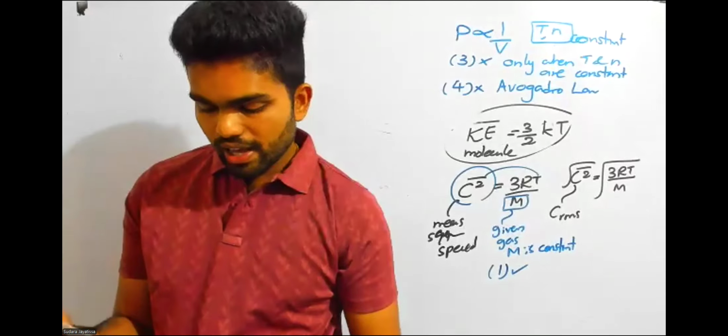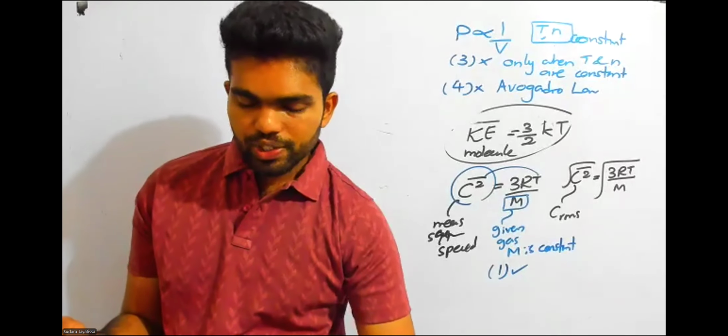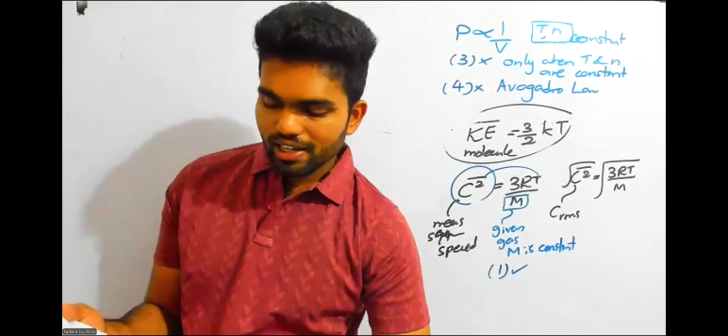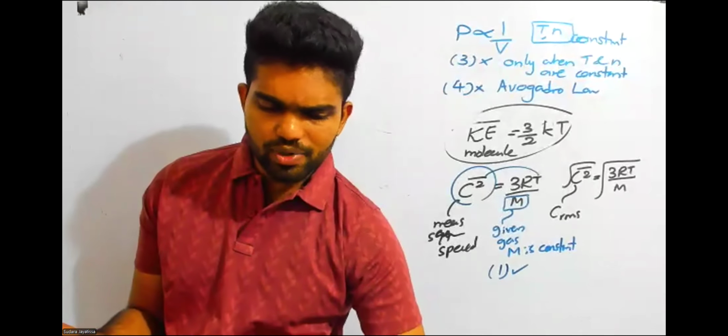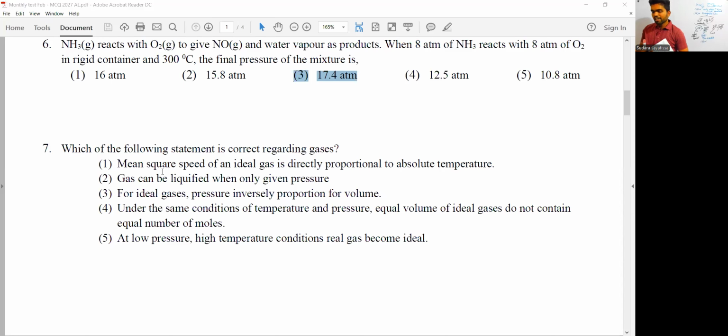Understood? And then you can write the Avogadro law in your review. Avogadro law says this exact thing. And we discussed a few things about Avogadro law. What we use for calculation is one thing, but Avogadro originally said something very similar to this statement. He talked about number of molecules.